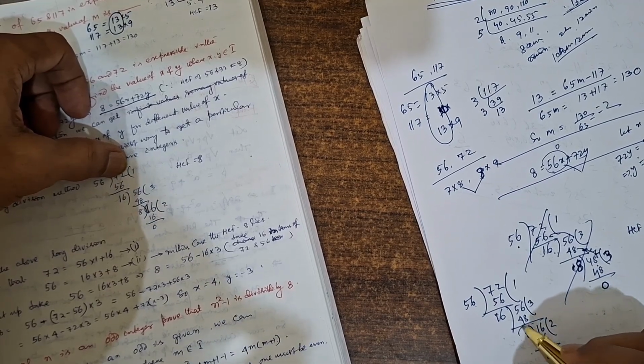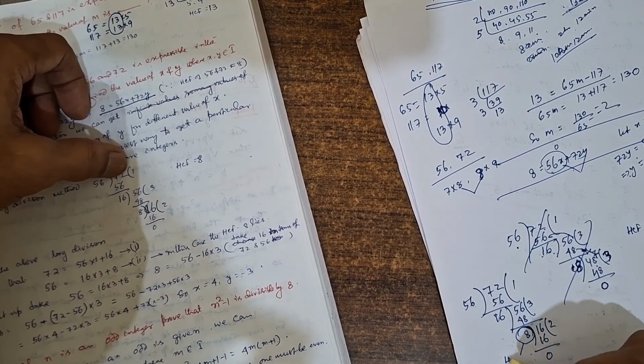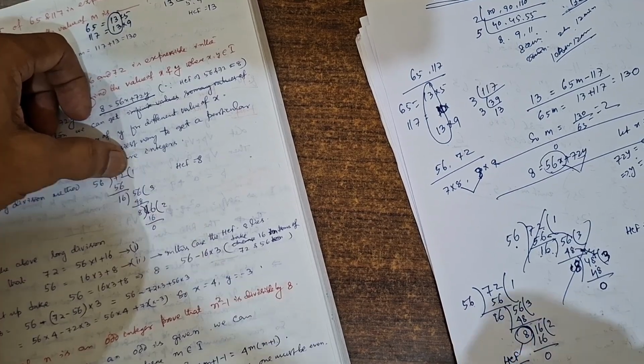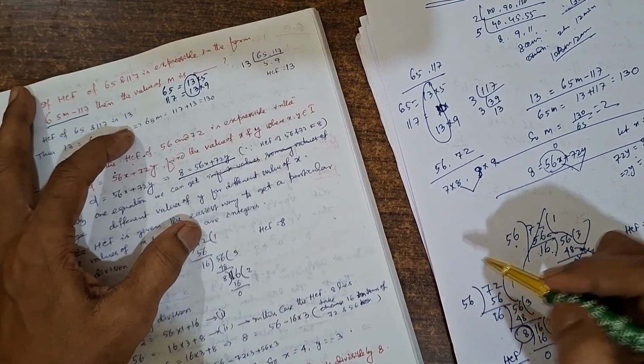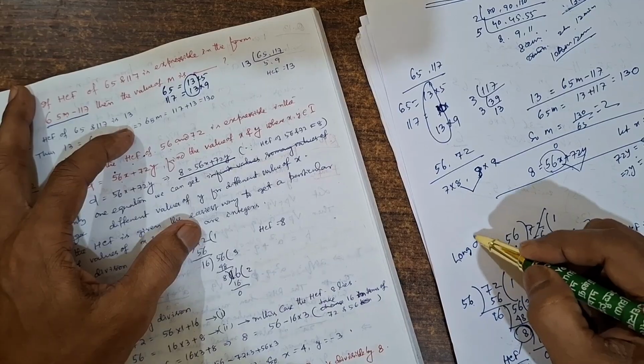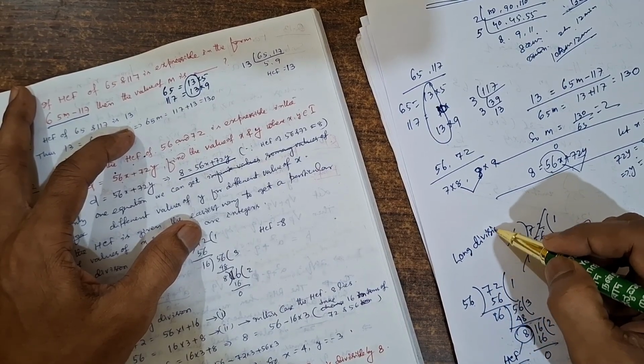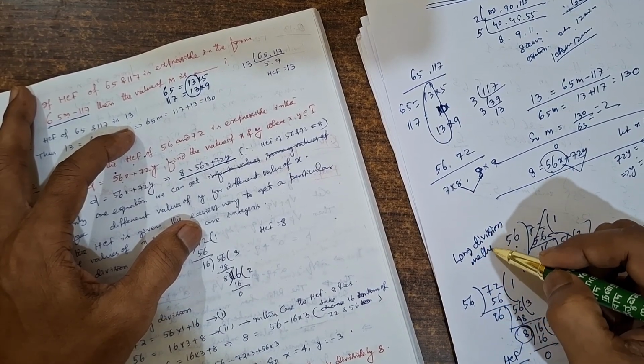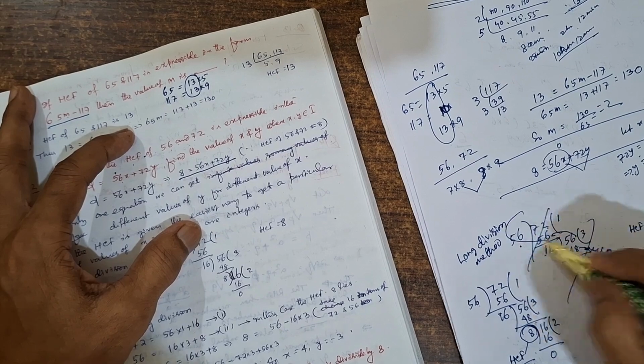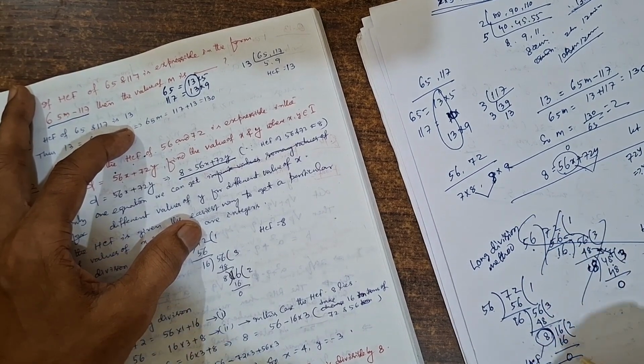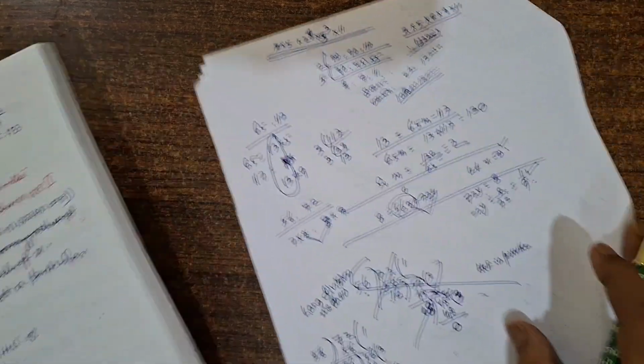The last divisor is the HCF. This is the long division method.